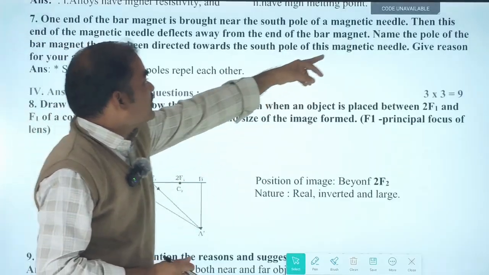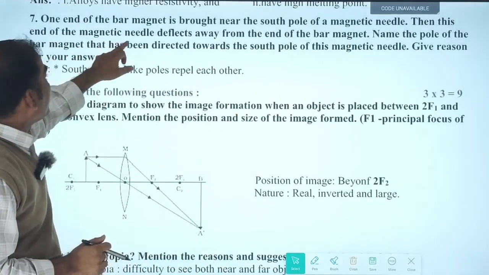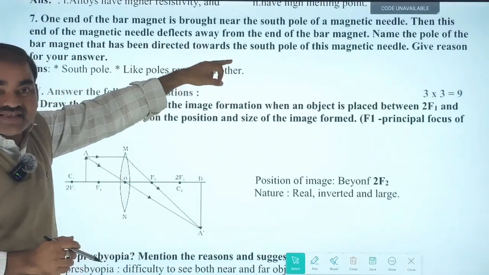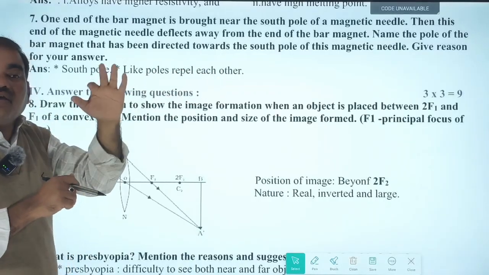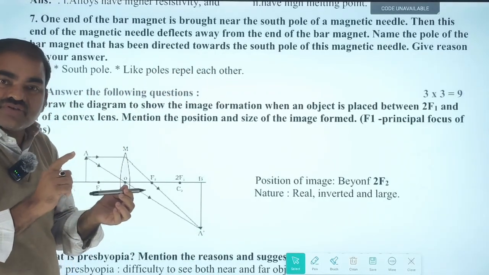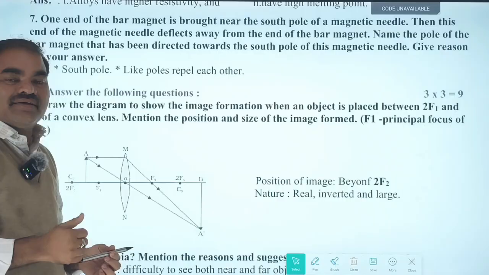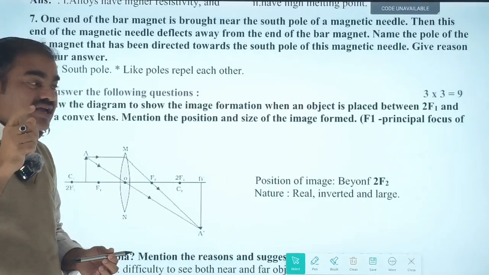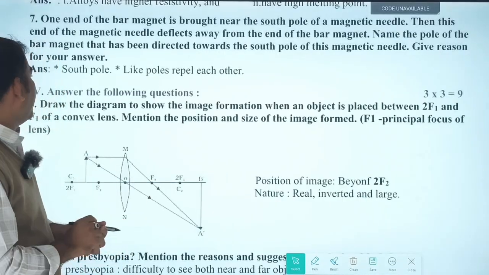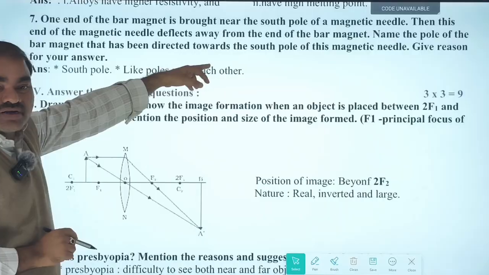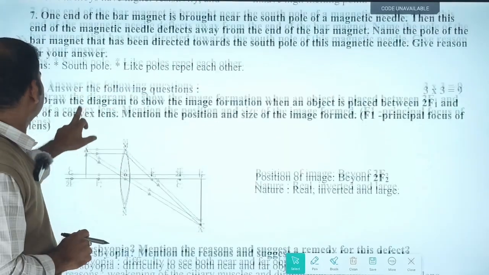So both are like poles. Like poles repel each other.